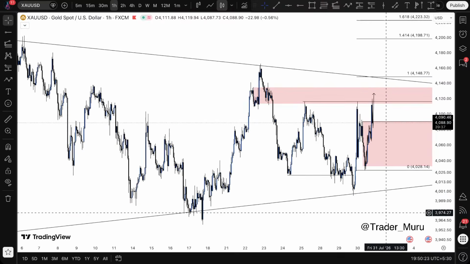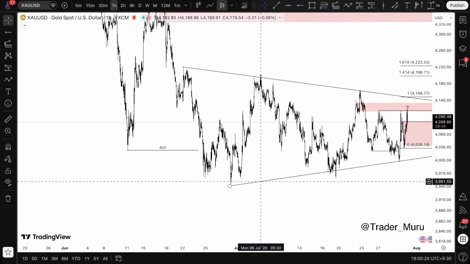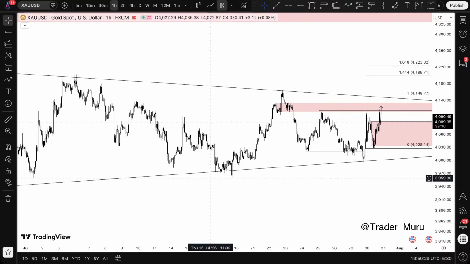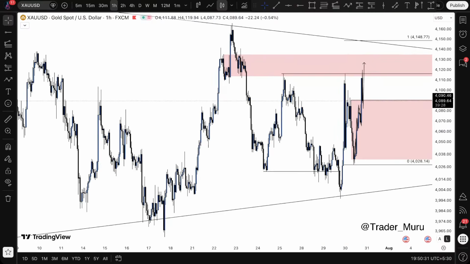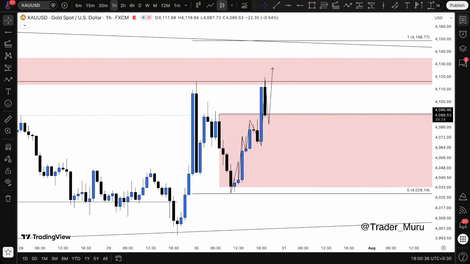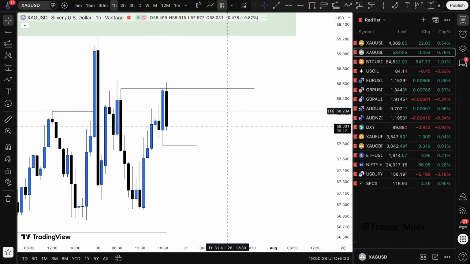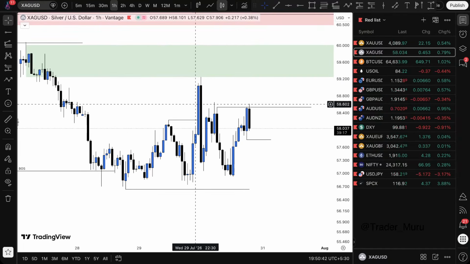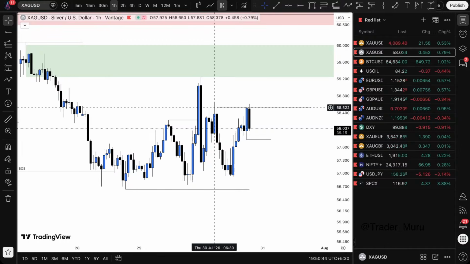This one is not even close to its final target. So gold price action is right now quite rangy, and silver is moving, but it is better than gold right now in comparison of price action.